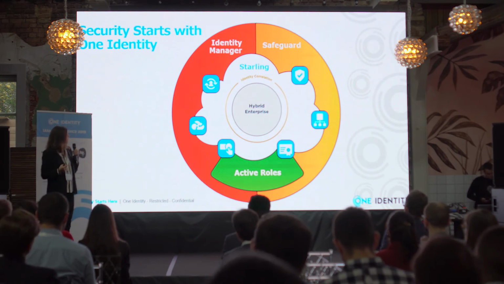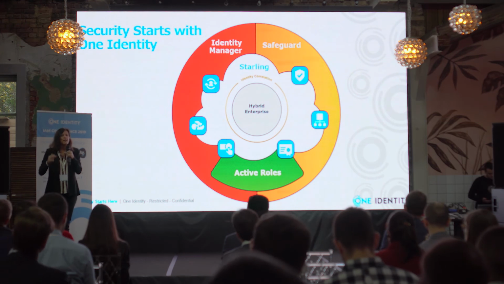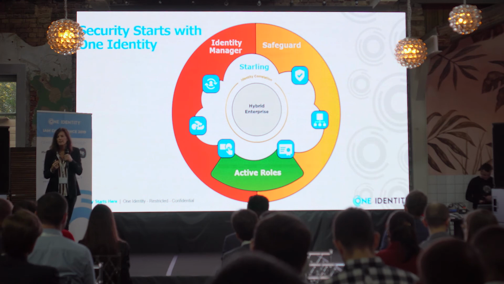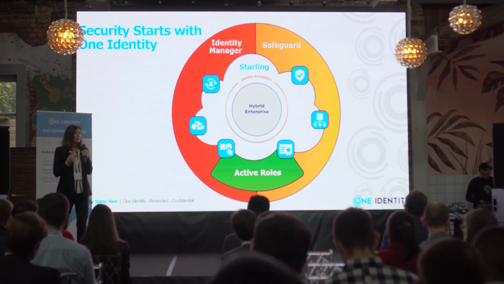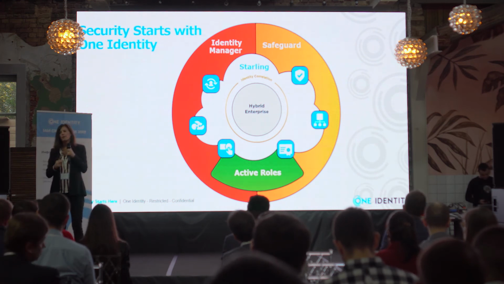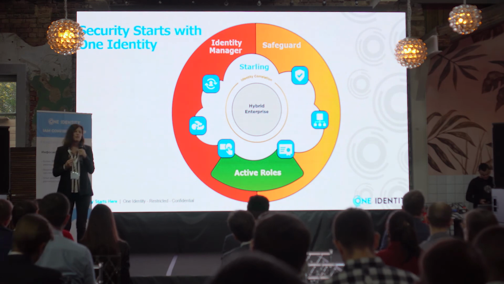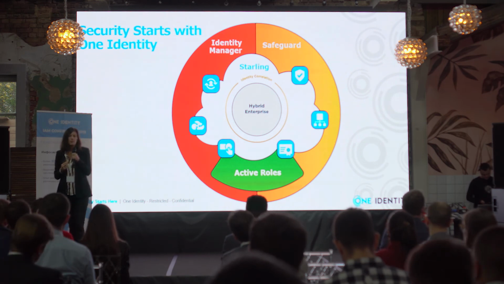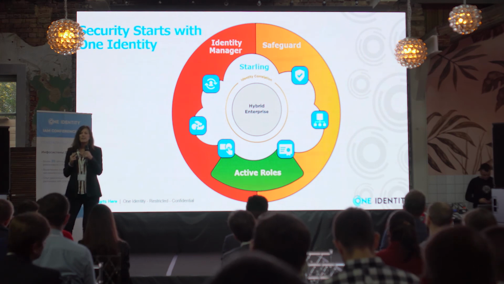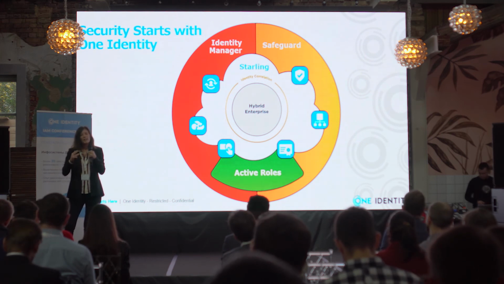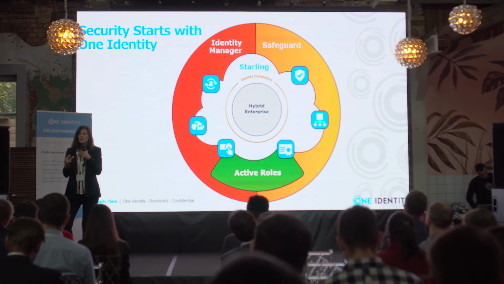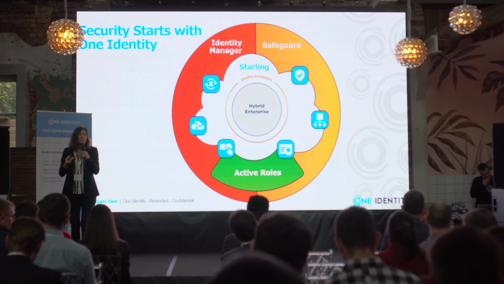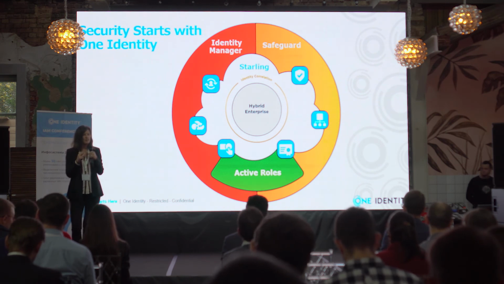And then we have something in the bottom there. It says Active Roles. This is a part that is protecting the Active Directory. I'm not going to talk so much about this now, but that's also part of the portfolio. This is specifically for our customers who have very Active Directory-centric solutions, and they need to protect their Active Directory users in the same way as a full-blown identity manager system, but maybe want to start in one piece, and that is really securing the Active Directory.